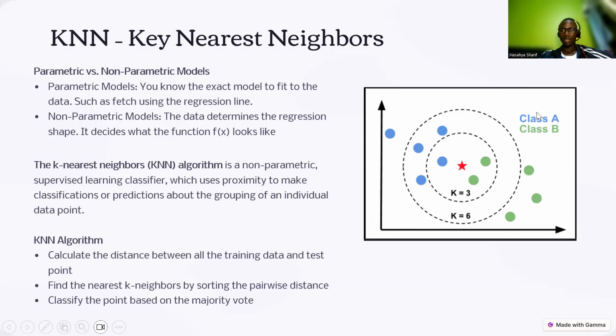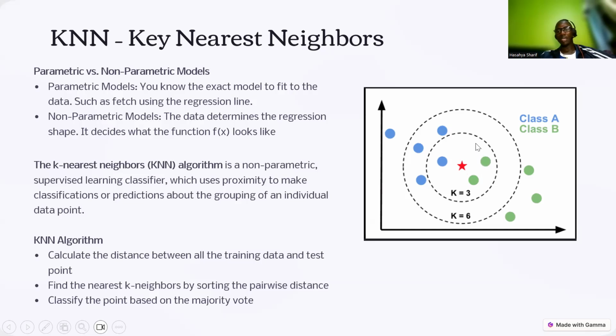So take for instance our visuals that we are having here. The algorithm will calculate the distance between the training data and the test point. So we are trying to calculate the distance from this blue circle to the test point, which is the red star, and also the distance of the green circle, then also this.